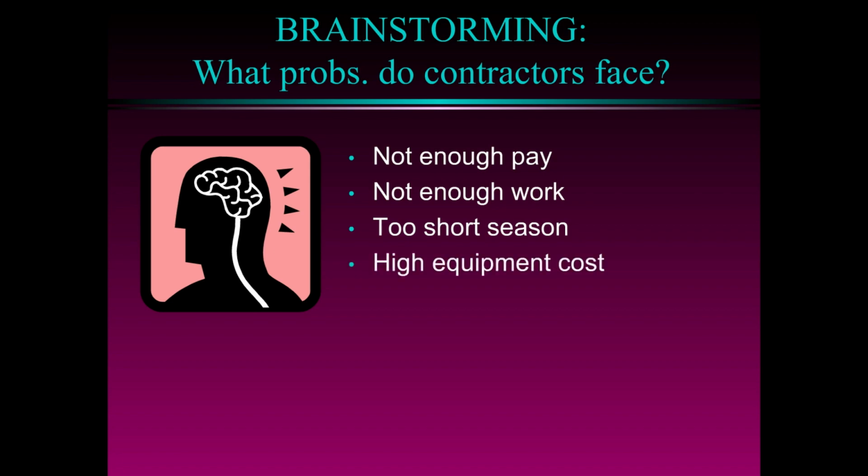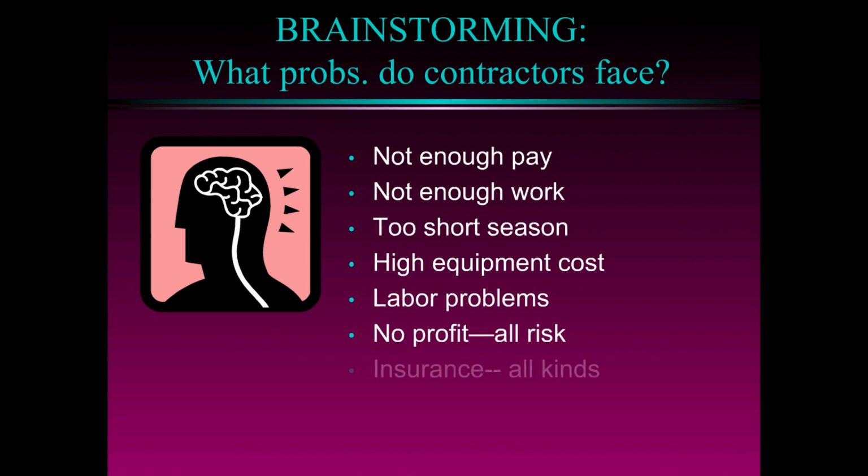High equipment cost is a real concern. Labor problems are probably even higher than not enough pay in some cases, because the jobs are there to be done, but they can't get labor to do it. Some of them have all risk, no profit. There's insurance problems, workers' comp.